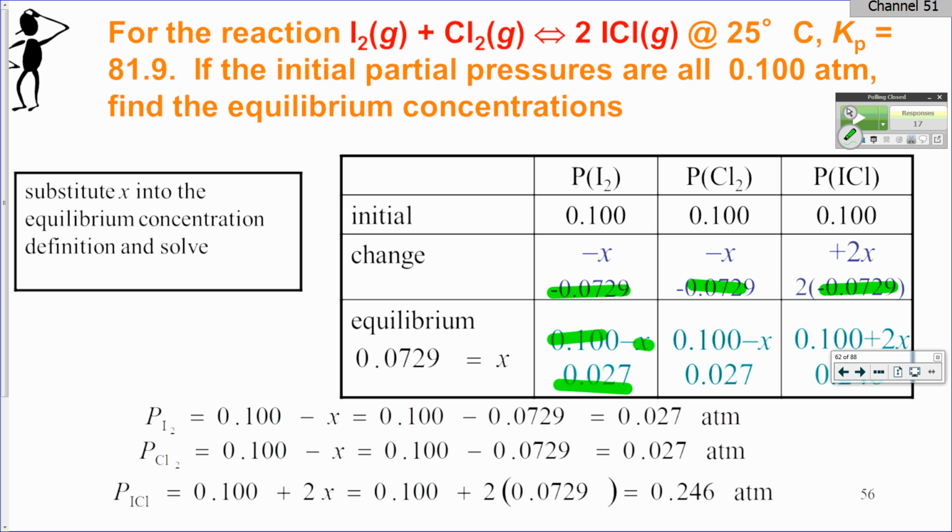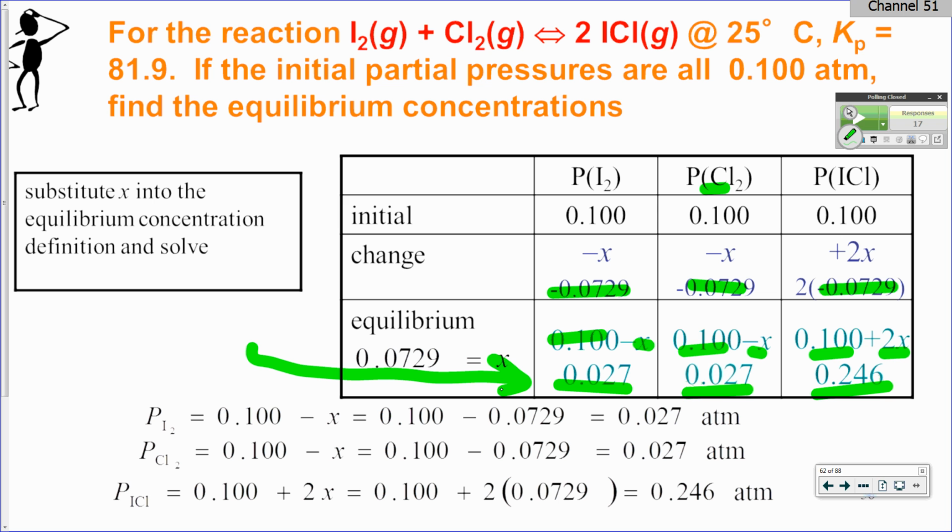If I want to know how much CO2 is there, 0.1 minus x, same amount, 0.027. And then how much product is there now at the end? I started with 0.1, I add 2x to it. When I add 2x to it, I end up with 0.246. So now I know the equilibrium concentrations of every species in the system.